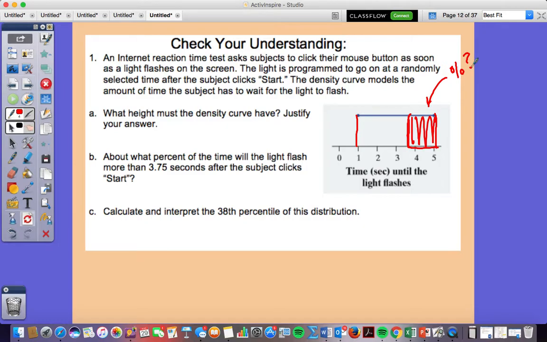So what would be the amount of seconds from 3.75 to 5? 1.25. So 1.25 seconds falls in here. So I want to figure out of the total, 1, 2, 3, 4, right here, out of the total 4, I only want 1.25 seconds of the total 4 seconds that are there. You follow me on that?